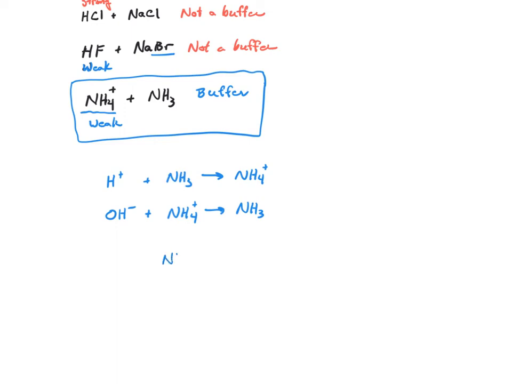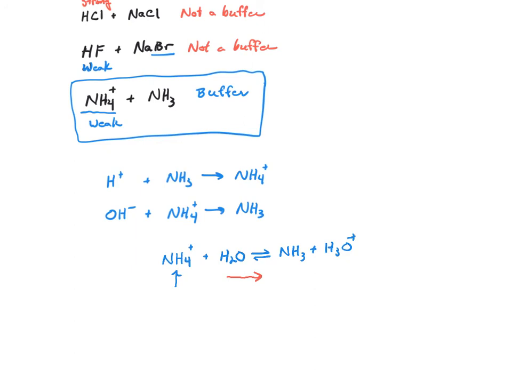Okay, and in the course of this whole process here, we have an equilibrium going on in the background. And what's happening here is when we react with acid, we're going to be building up the amount of ammonium, which is going to drive the equilibrium to the right, which is going to balance things out a little bit better.